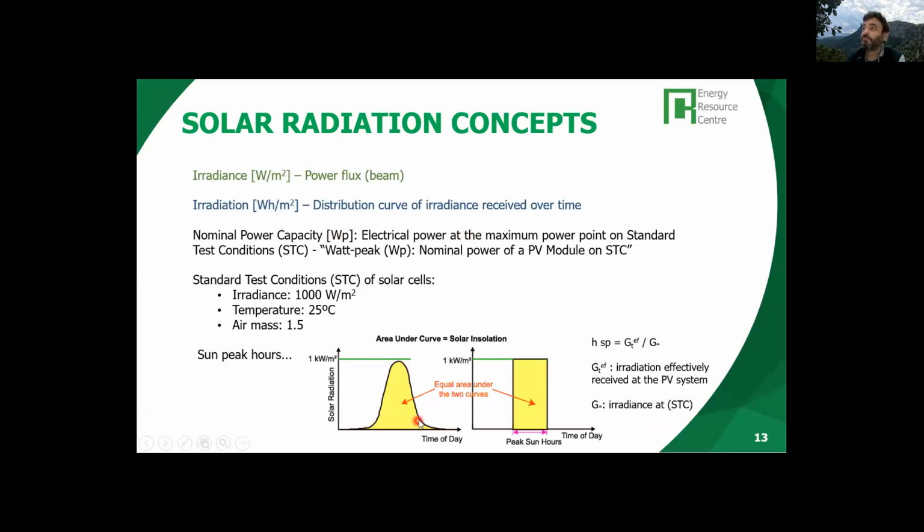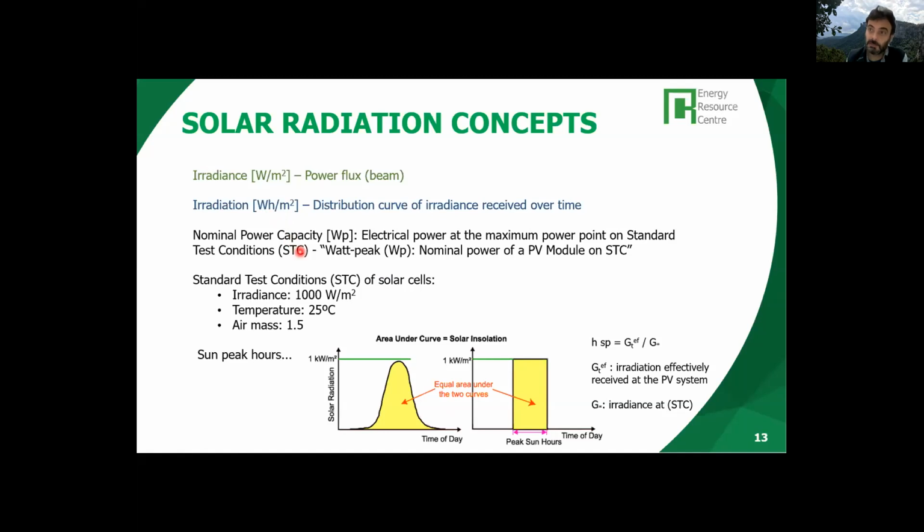For instance, in a graph like this, the area under the irradiance curve will be the irradiation, and that has units of energy, the energy received in our solar panels.